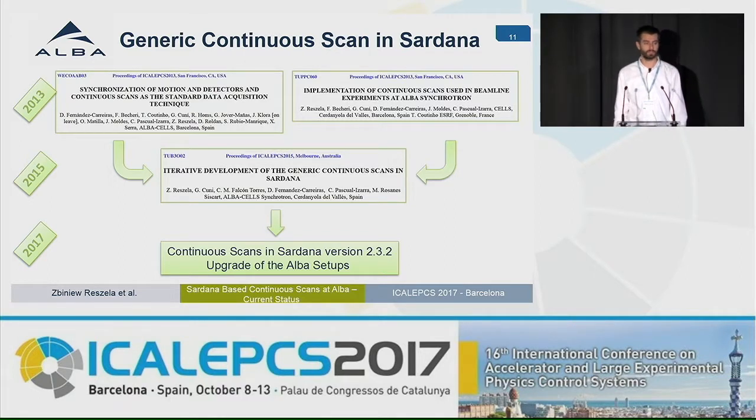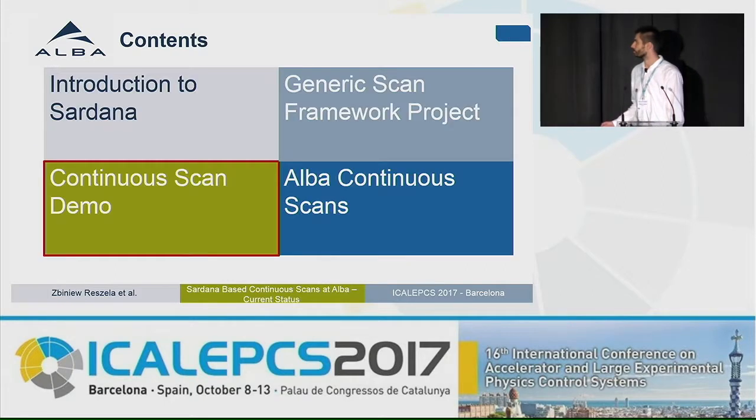The intermediate versions were regularly deployed at ALBA beamlines, which gave a benefit to the scientists through intermediate reductions of the experiment time, but also brought extra difficulties for maintaining different versions at different beamlines. And currently, we have reached a major milestone, which is the integration of the generic scan framework in Sardana, and we have also upgraded all our setups to the recent version.